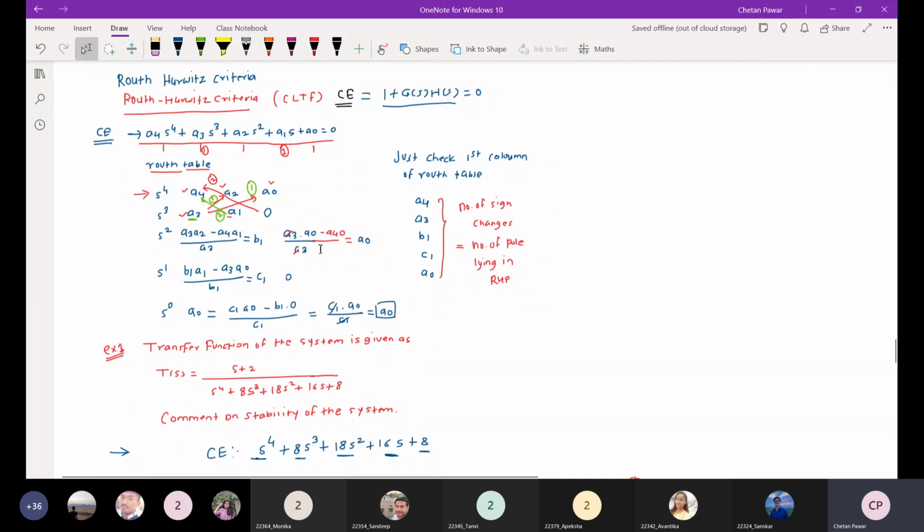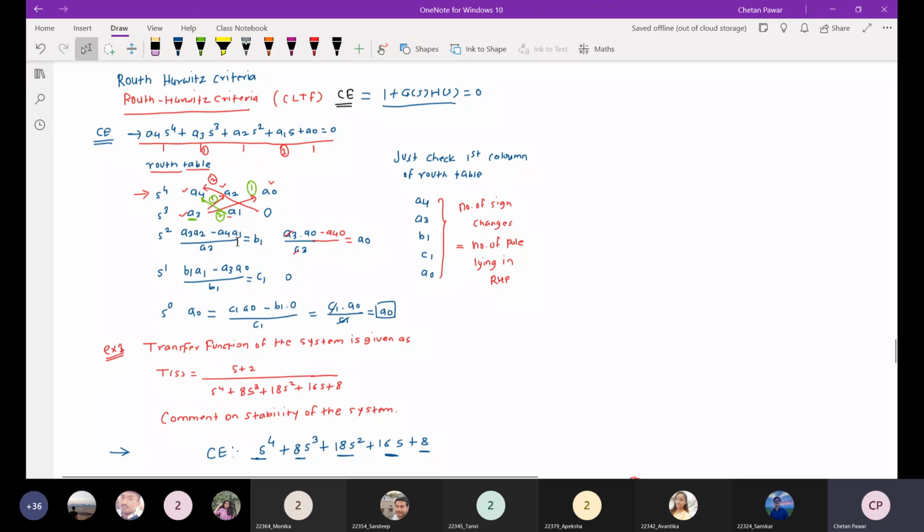That will be a0, because generally, if there is no element here, that element is considered as 0, and you can directly take this term as the second element, because a3 into a0 divided by a3 will be a0 only. So you can directly take that term as it is also.